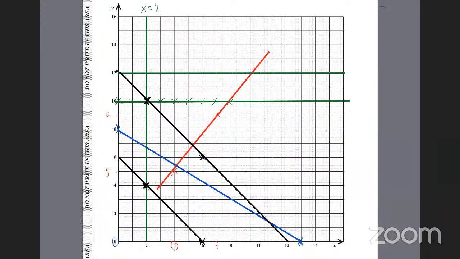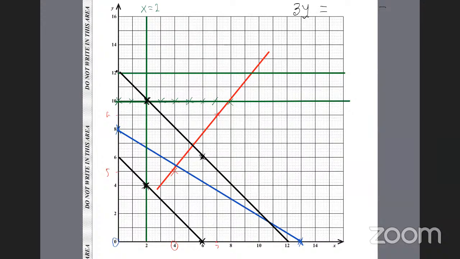Let's try one more now. Let's see if we could plot 3y. It might look a little bad on the graph. Sorry, in fact, I want to make it easier for you. I'm making y the subject.